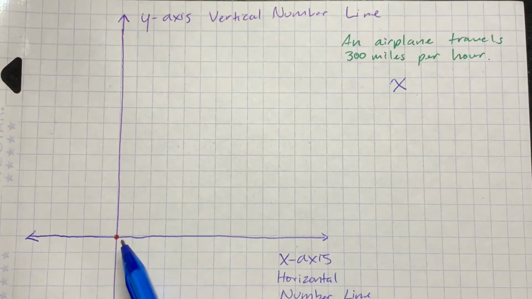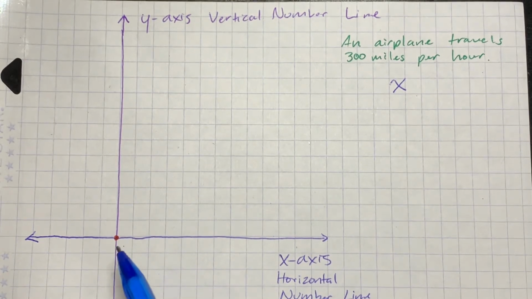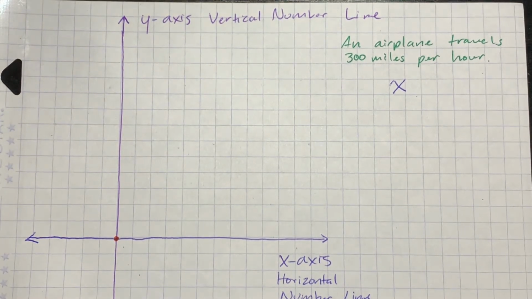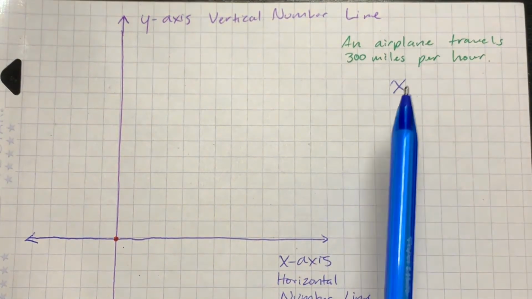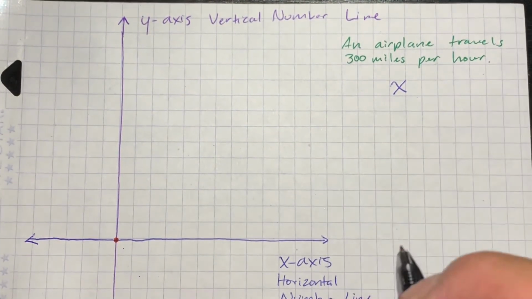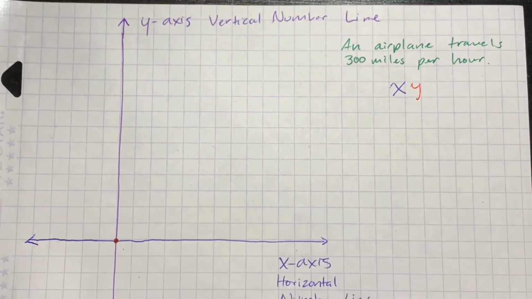Again, right here in the middle where the x-axis and y-axis intersect, we call that the origin, the beginning where you will always start. So in blue, I'm going to write the x-axis here for the ordered pairs, and I'm going to change the color from purple to red, so that way it's a bit more definite that you can see.